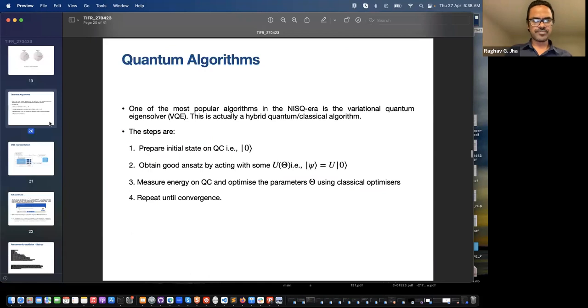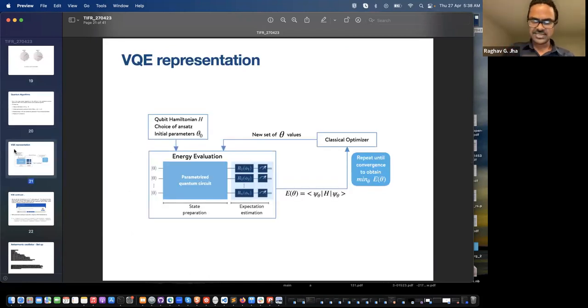So the diagrammatic representation is this. Maybe it also answers what Sandeep was trying to ask, and maybe Nilmani. I should have shown this before. The basic idea is we prepare a qubit Hamiltonian, and then we prepare an ansatz and some initial parameters. This is like a state preparation, and then you measure the energy by applying these gates, R1 through Rn, some rotation gates depending on some phi's.